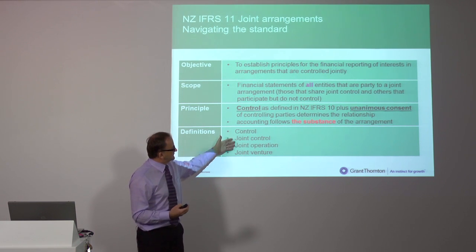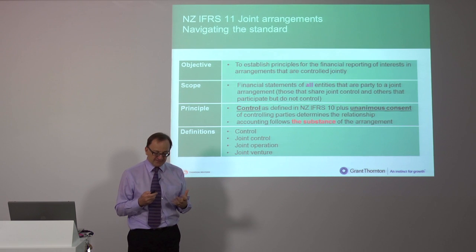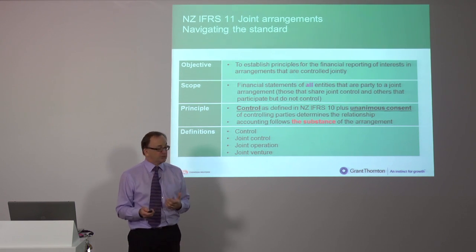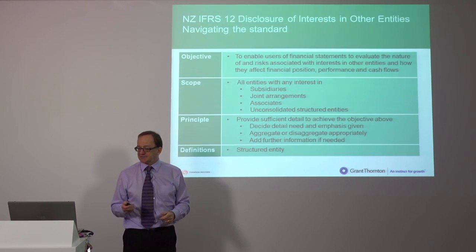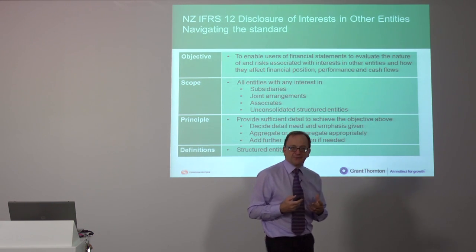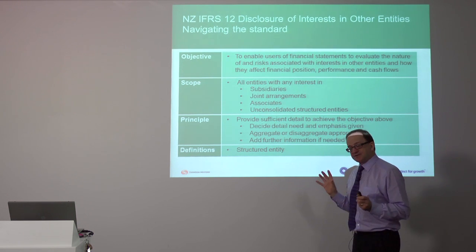And we've got these terms of joint control, joint operation, joint venture. It's very important to recognize those, and if you are caught by this, that you're changing your accounting policies to reflect these changed definitions.